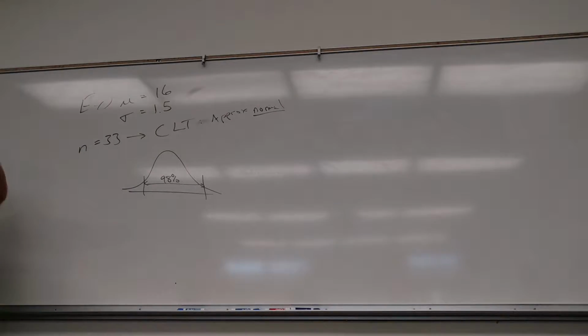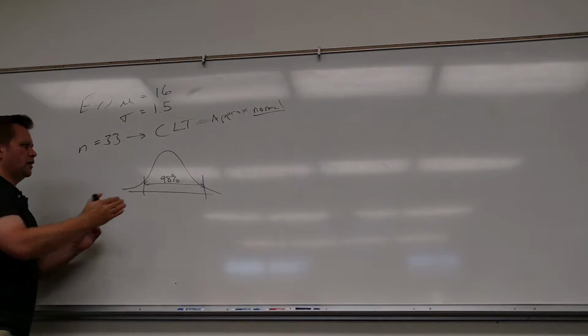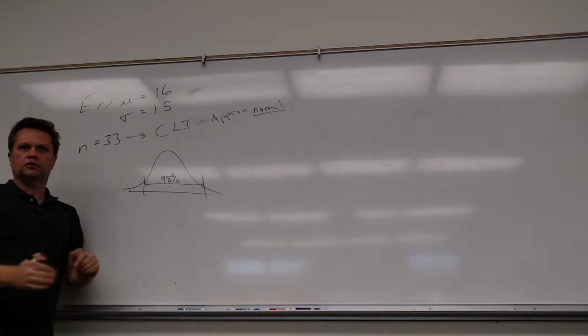Between what two sample means would I find 98% of the data? Hopefully that sounds familiar. It sounds very much like the problem somebody just asked me about, the middle some percent. So I want to find the middle 98%.